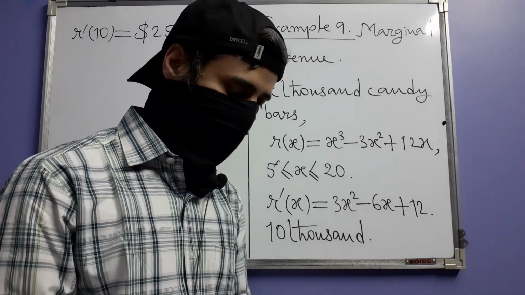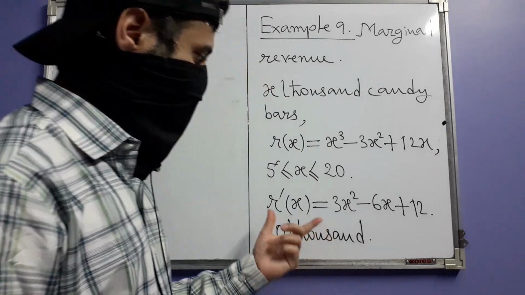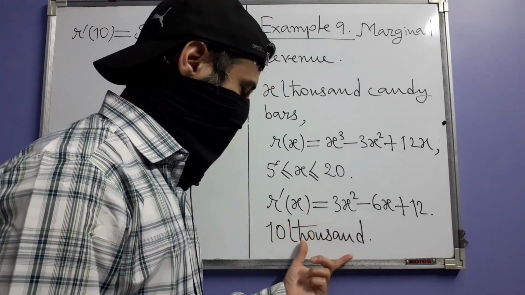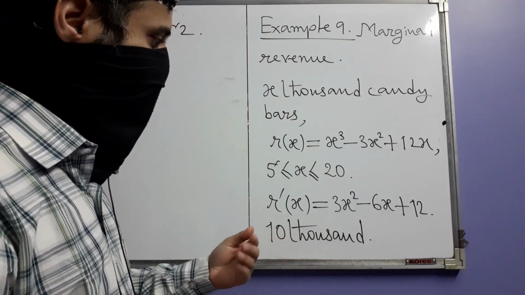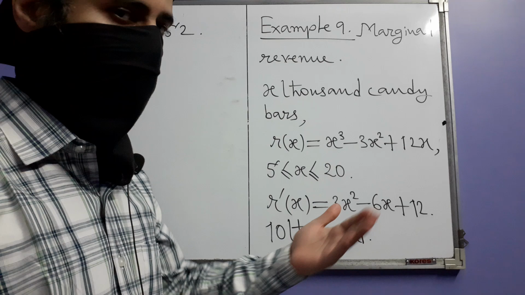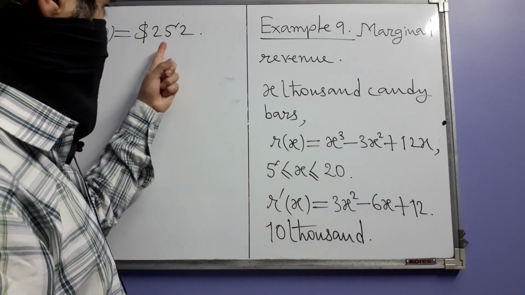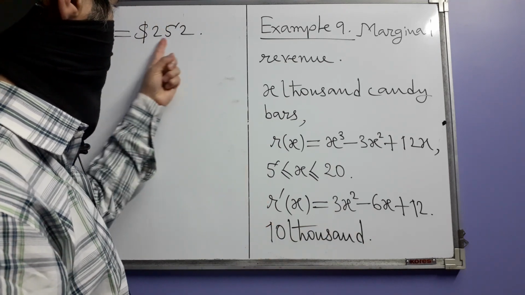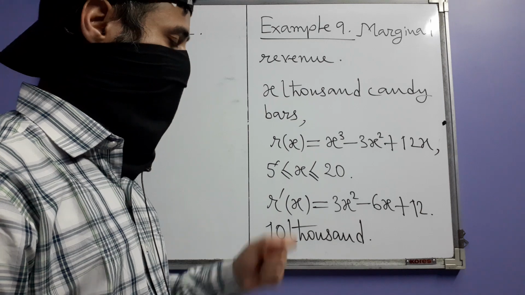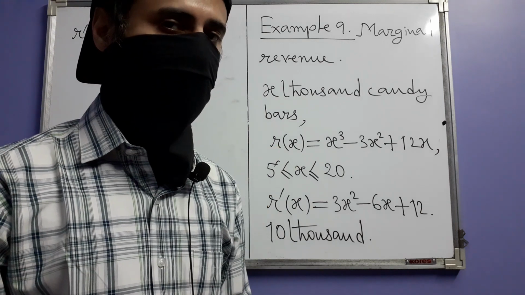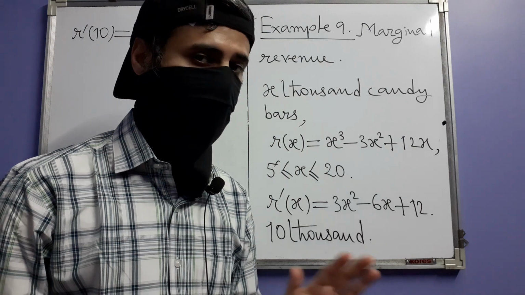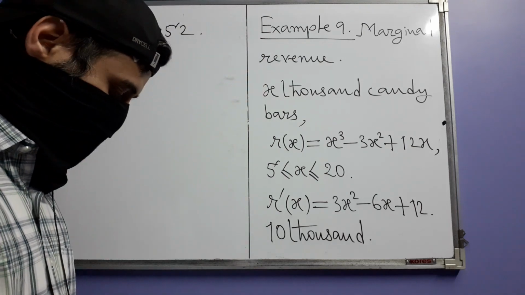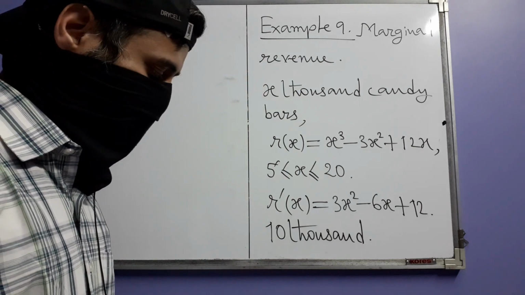And in one exercise problem, we have a very peculiar situation where you keep on increasing the sale more and more, and what will happen to this marginal revenue? It actually decreases. Okay, that's a little counterintuitive, but it is what it is.